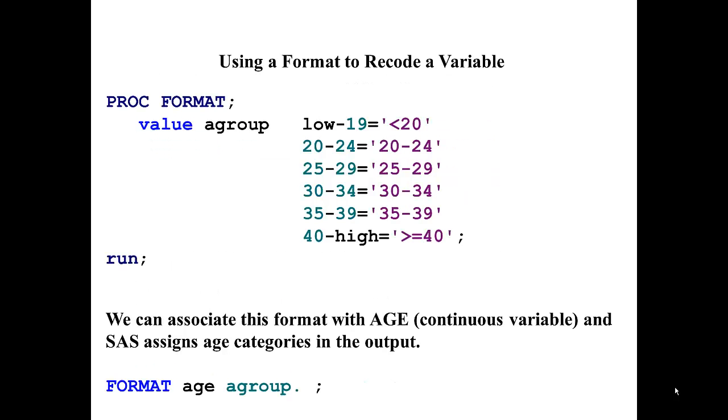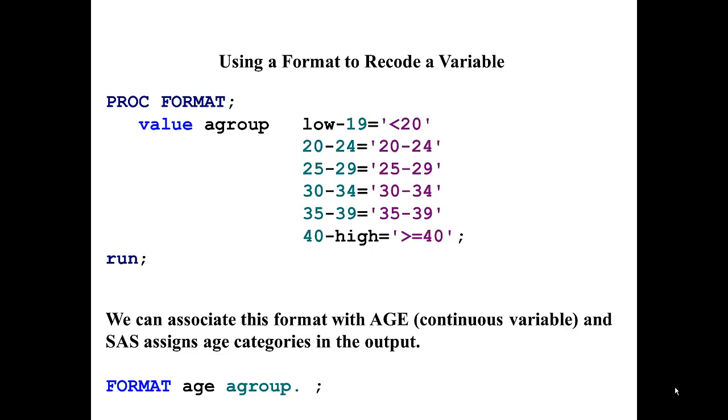You can also use a format to recode a variable. So in this example, we actually have a continuous variable age, and we've created a format called A group. And so we're saying here that low to 19 is less than 20, 20 to 24 is equal to 20 to 24. And so we're setting these age groups.